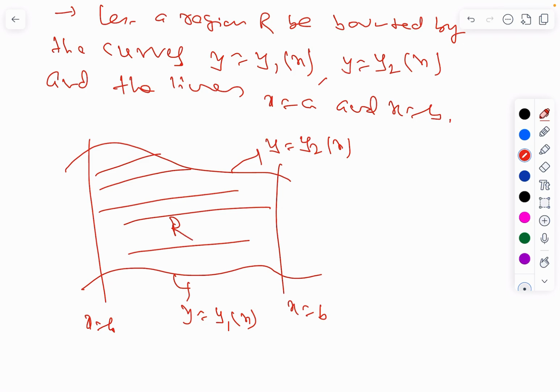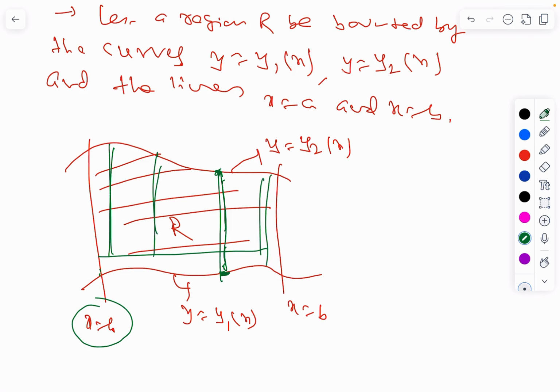Basically, we take a vertical strip inside the region, and the ends of this strip go from y equal to y1(x) to y2(x). And that strip slides from x equal to a to x equal to b, sometimes here, sometimes here.